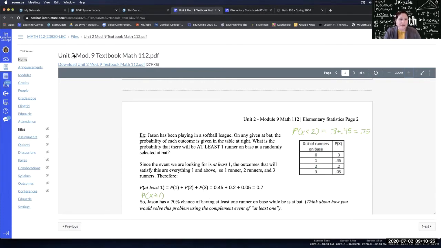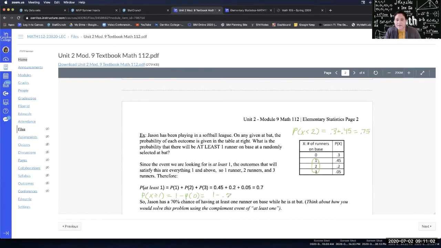Notice here they added up all the other probabilities, but what I would actually do, since greater than or equal to 1 is all of these events, is realize that's everything except for 0. Why add up all these when I could just take the complement, 1 minus the probability of 0, and I get 1 minus 0.3, which is that same 0.7.